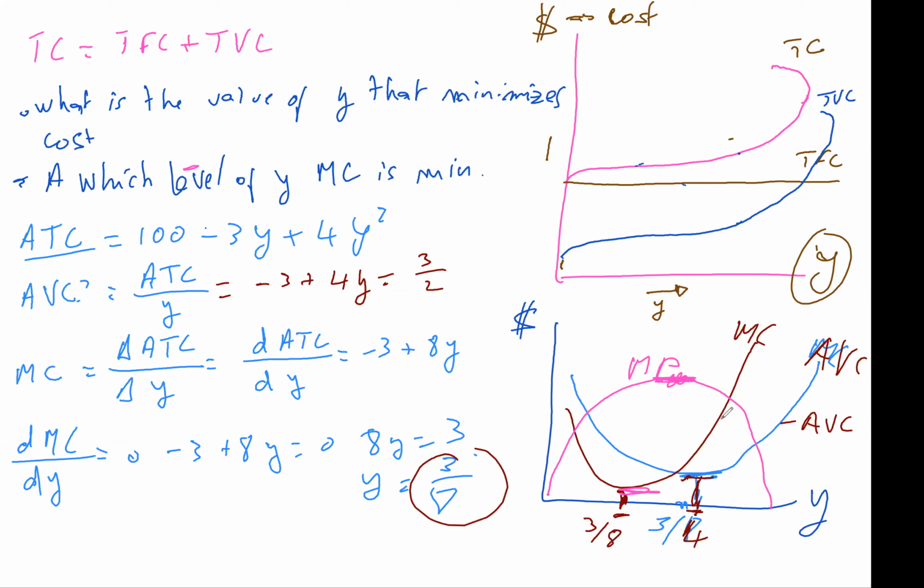So the opposite of marginal product is marginal cost. So here I have increasing returns to scale and then decreasing returns to scale over here.